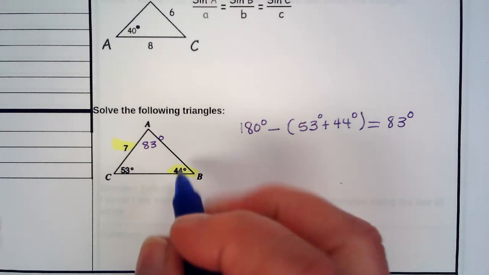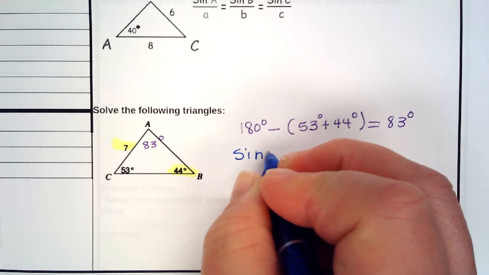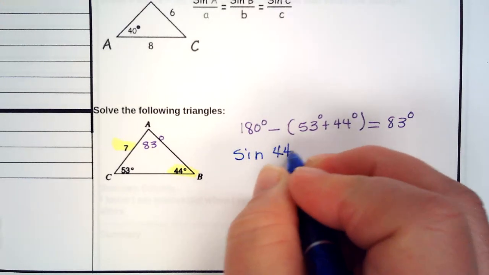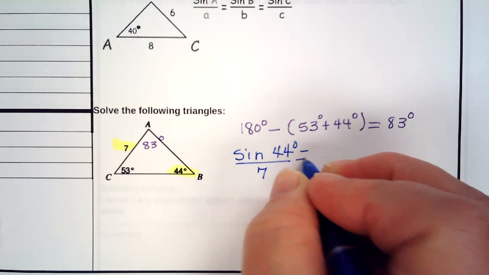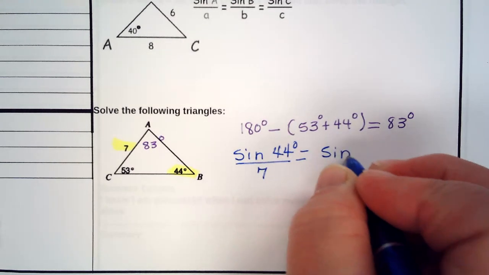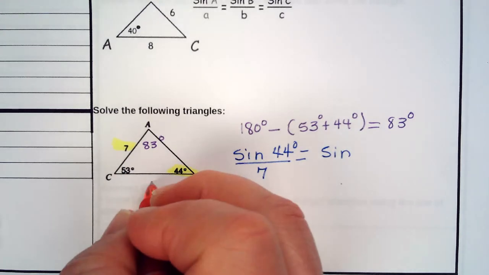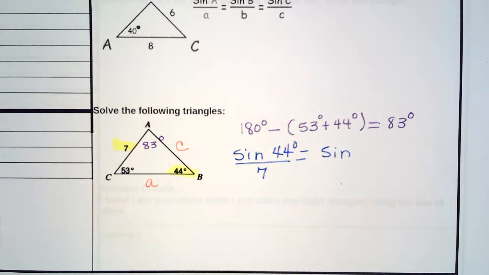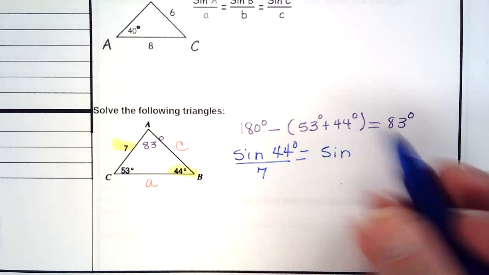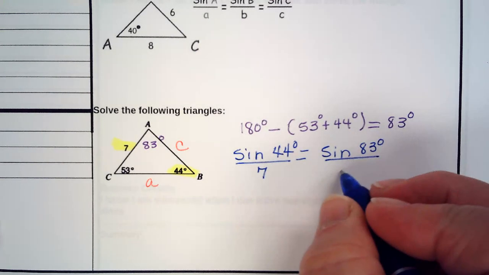So the sine of 44 degrees over 7 is equal to the sine. Do you want to find A or B first? It's A or C. A first? Okay. So A is the sine of 83 degrees over A.